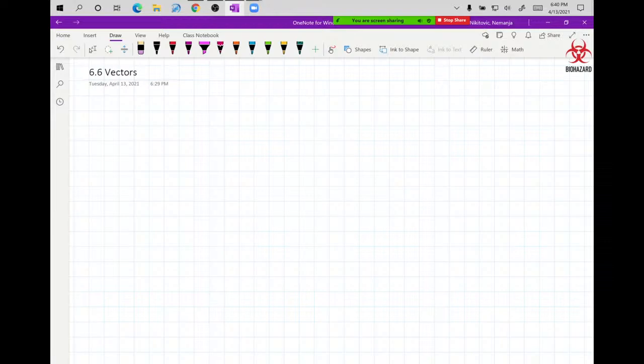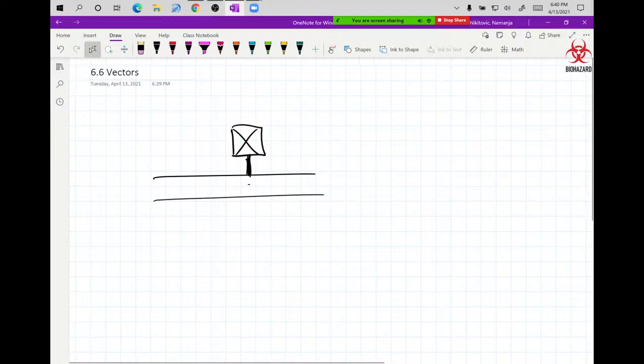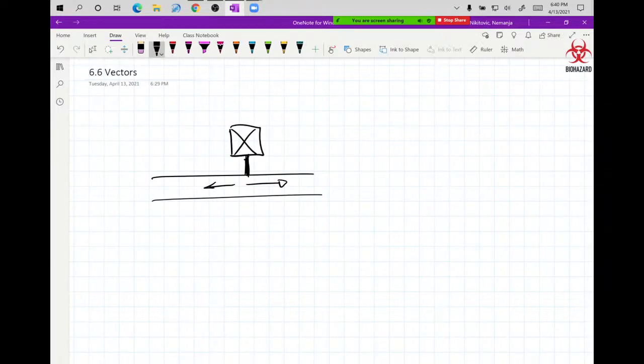But if you take a look at, let's say, speed and velocity, right? Speed is how fast you are going, but velocity is speed plus another piece of information, and that is which way you go. Let's say this is where your house is, in your driveway, and the speed limit is 25, and you're going to drive 25 this way, or you're going to drive 25 that way.